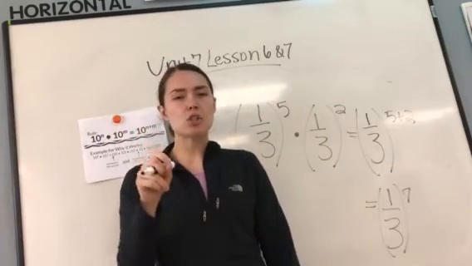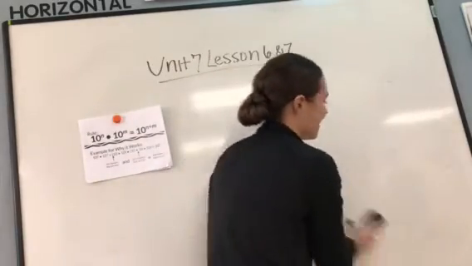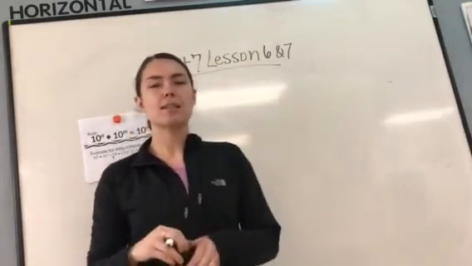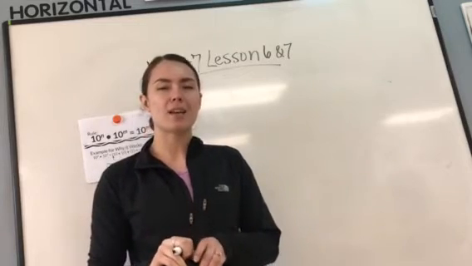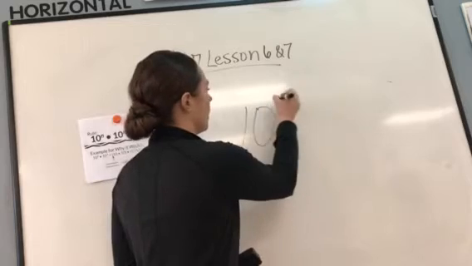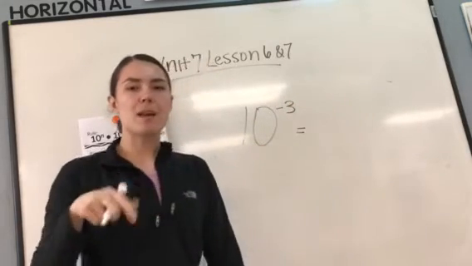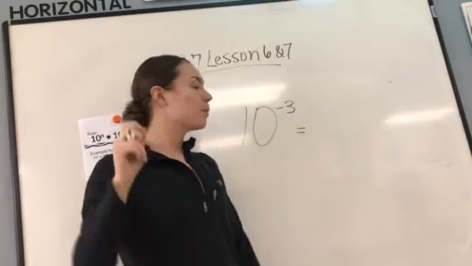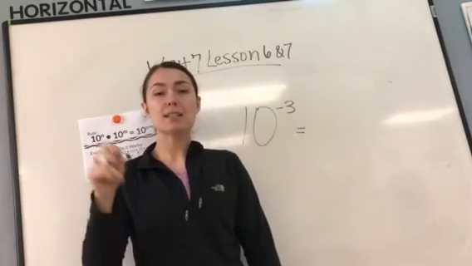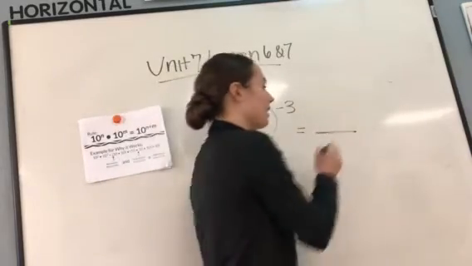Finally, I want to at least mention something about taking a base to a negative exponent. I know that was the last thing we did before we were out for the break, and a lot of you were confused. So what we learned before the break was, say, 10 to the negative 3. If I ask you to make this a positive power, or have a positive exponent, what we did was we took it and flipped it.